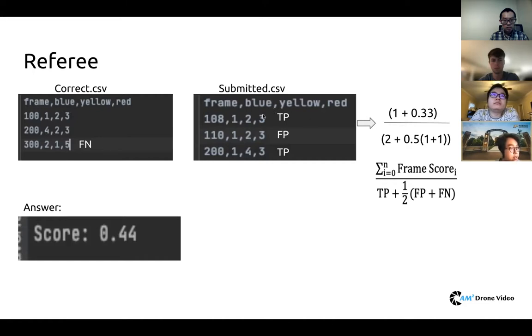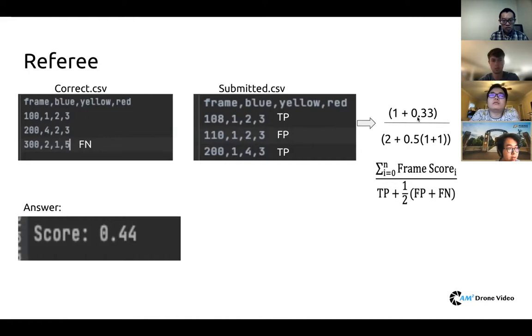And the yellow is held by person 4, but actually it's held by person 2. So the only match is the red ball. It's held by person 3, and it's also held by person 3 in the correct frame. So you'll get 1/3 point for this frame.